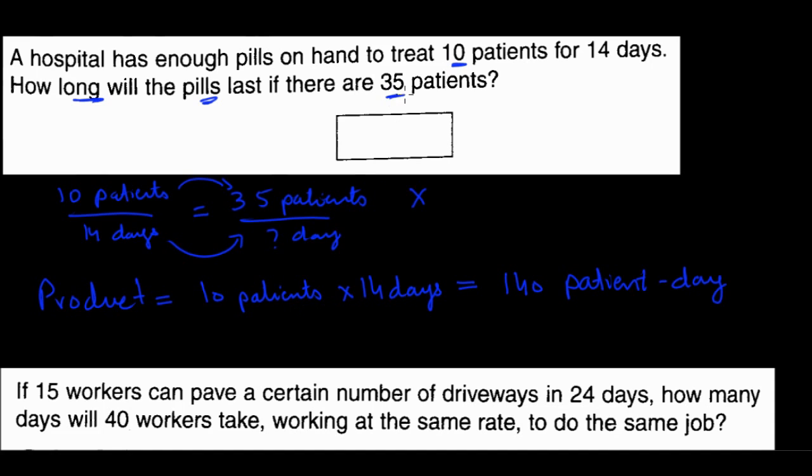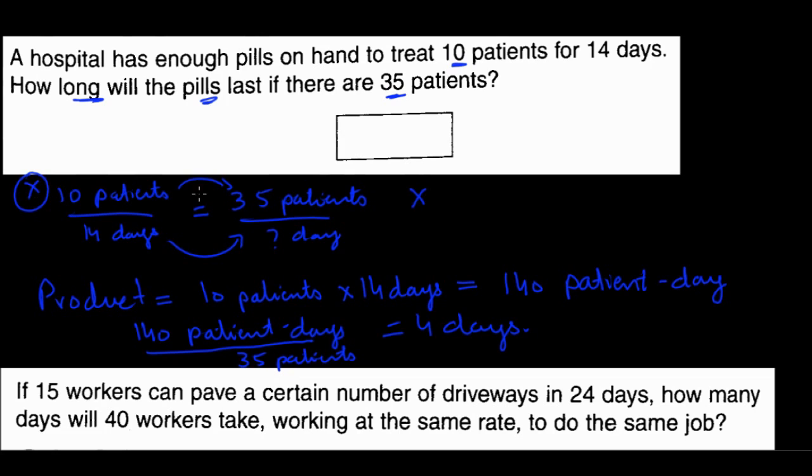Now, here we have 35 patients, so 140 patient days over 35 patients. So that means 4 days. Okay. So again, important to realize that we cannot use a proportion here. This would be wrong.